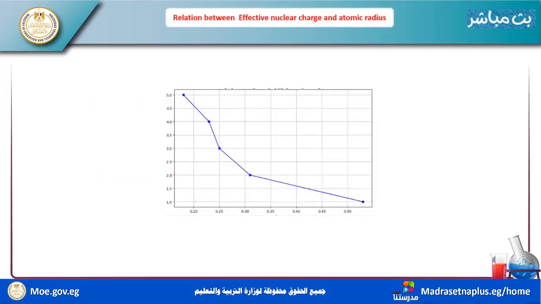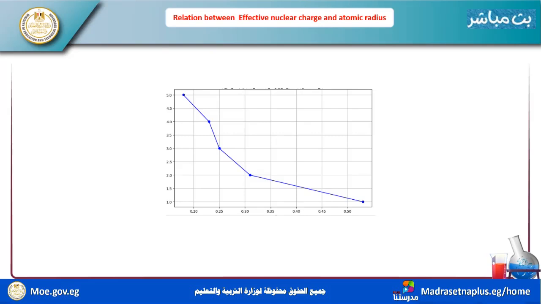Now we can discuss this diagram. This diagram is the relation between effective nuclear charge and atomic radius. By increasing effective nuclear charge, the atomic radius decreases.